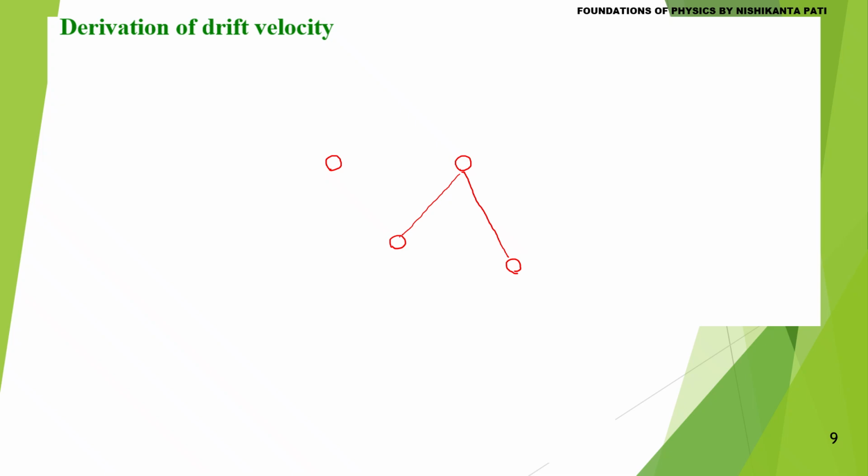Again after collision, it moves with a constant velocity. So if you observe all the electrons, they are moving like this, random motion. So the average velocity is 0.